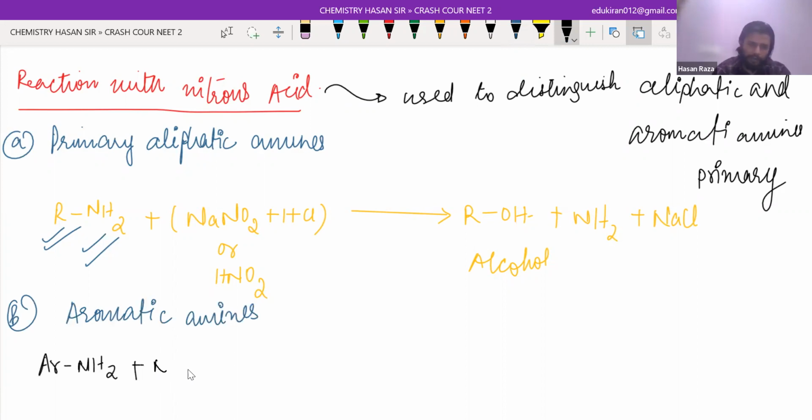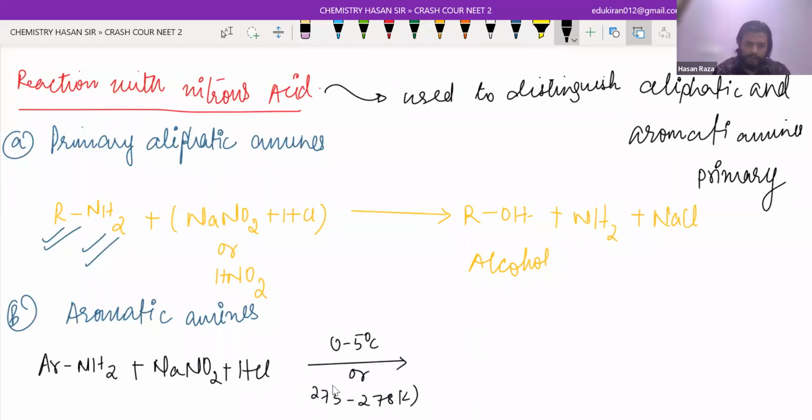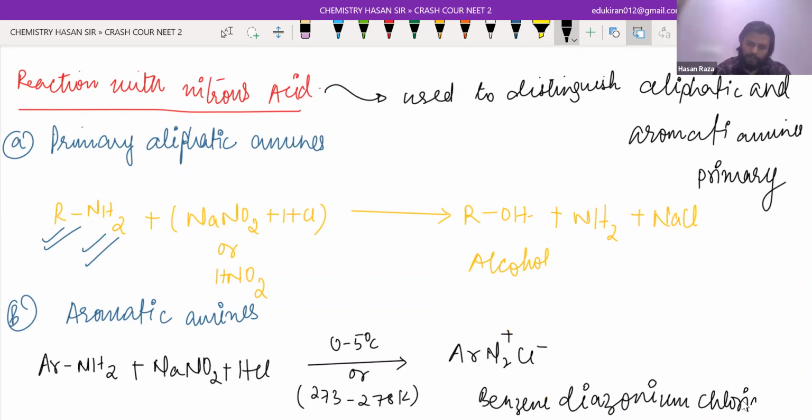And if you are carrying out the reaction with nitrous acid at cold, 0 to 5 degrees centigrade, or you can write 273 to 278 Kelvin, then you will be getting ArN2+ Cl-, which is benzene diazonium chloride. So it's very simple.